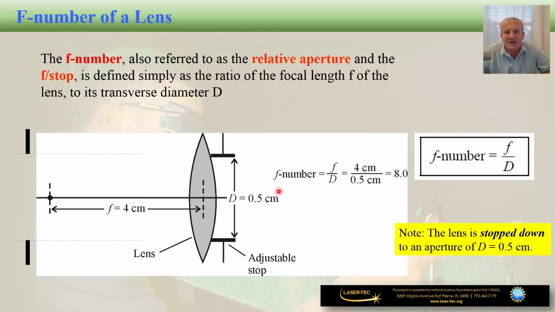In this specific case, the F number is equal to 8, so the focal length being 4 centimeters and diameter of the shutter being 0.5 centimeters is going to give us a ratio of 8.